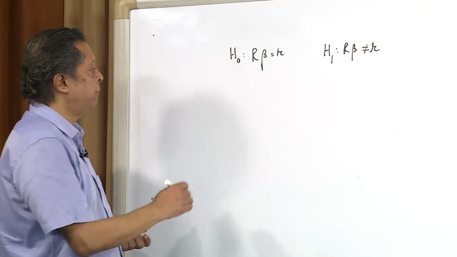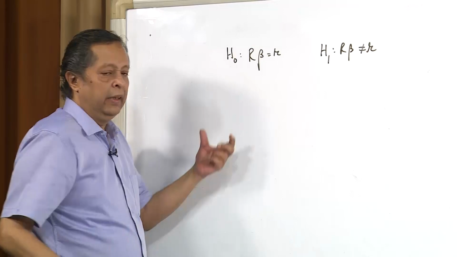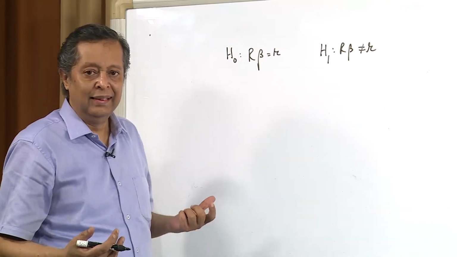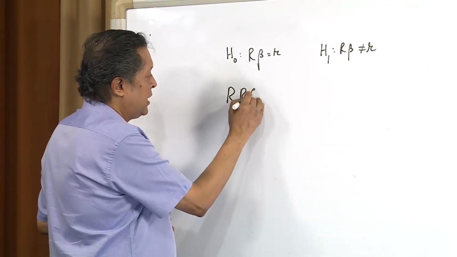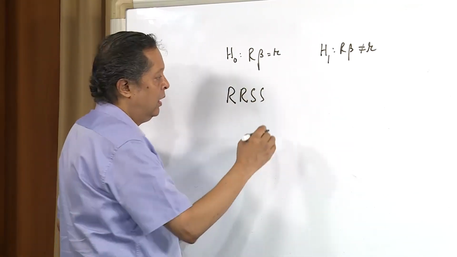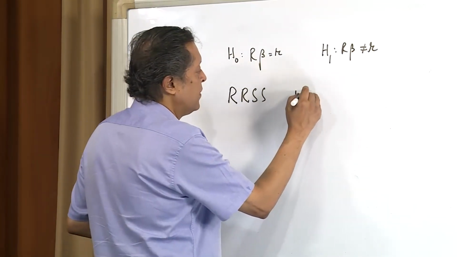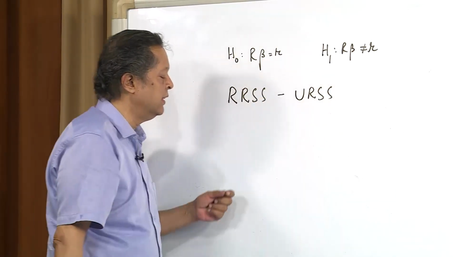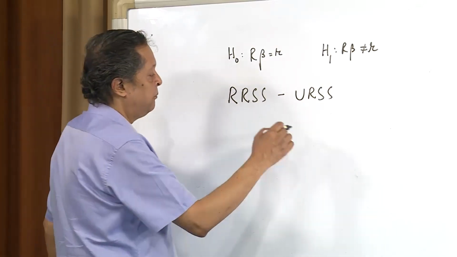So, once again, very easy way of remembering is, if we allow these restrictions and estimate the model, then we get restricted residual sum of squares, whereas if we do not put these restrictions, then we get unrestricted residual sum of squares. The difference is restricted RSS minus unrestricted RSS.